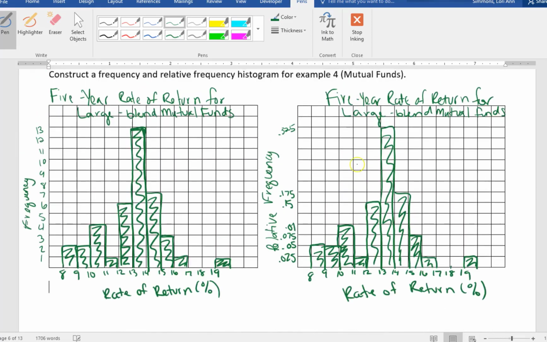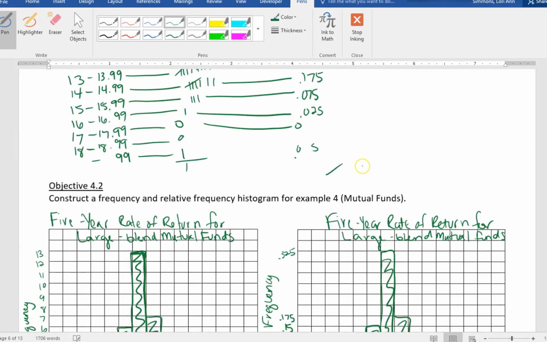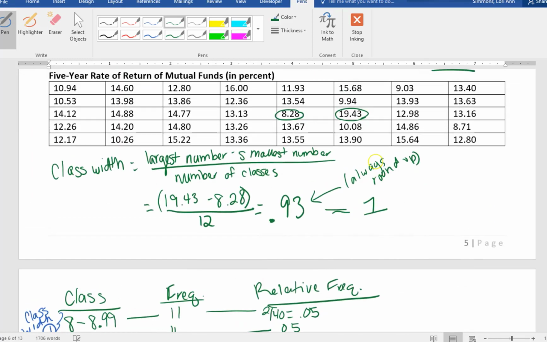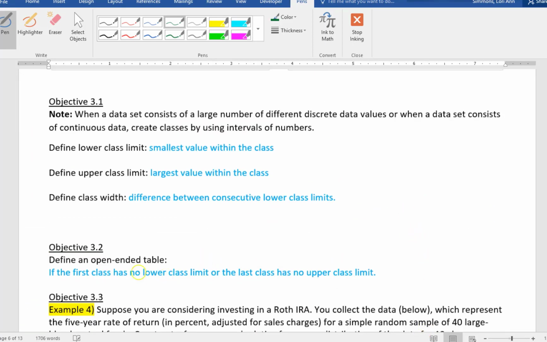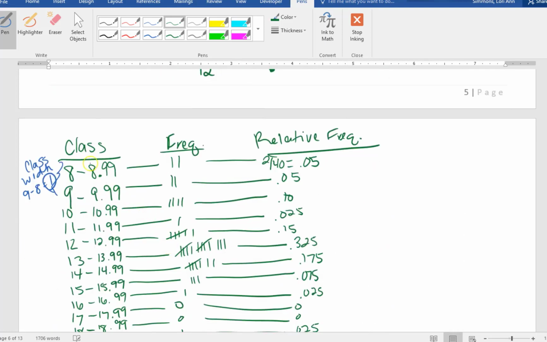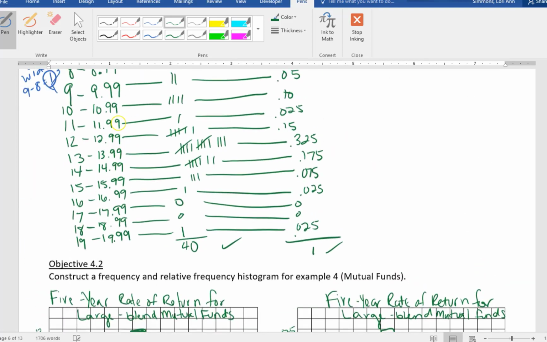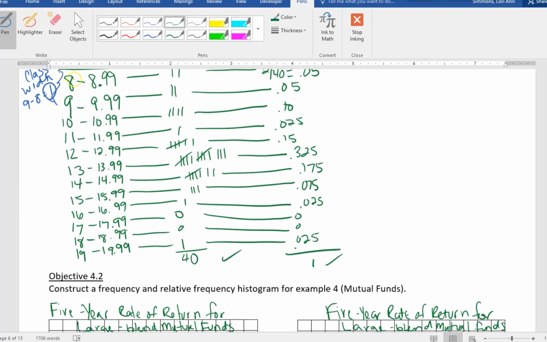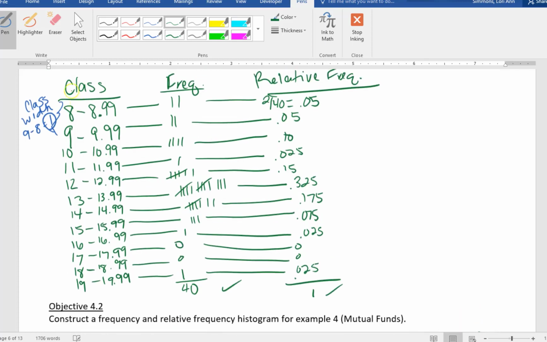So if we go back up, let's go over the open-ended table. That's if we didn't have a number in our first class right here, so the lowest part. So we kept that open. So maybe we had a rate at 2%.